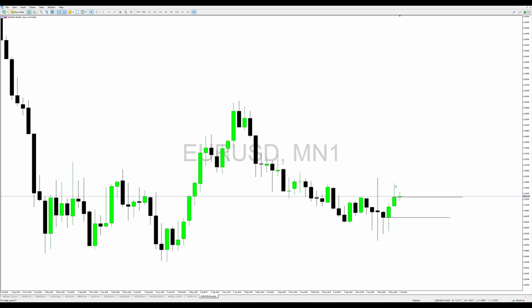Remember, we've got buy stops above last month's high, right? So I'm going to highlight that. You can clearly see there's no need to beat about the bush when it comes to reading your price action. Make sure you know the concept that you are trading and what you are looking for, right? So we've got buy stops there, right?